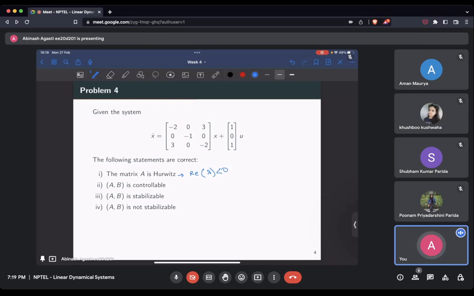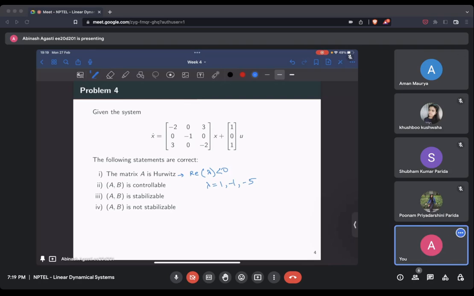Yes, do you have any eigenvalues? So 1, -1, -5. Okay. So then what? Is this matrix Hurwitz? No, sir. Why?